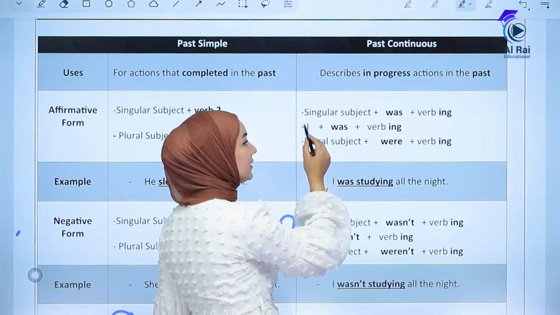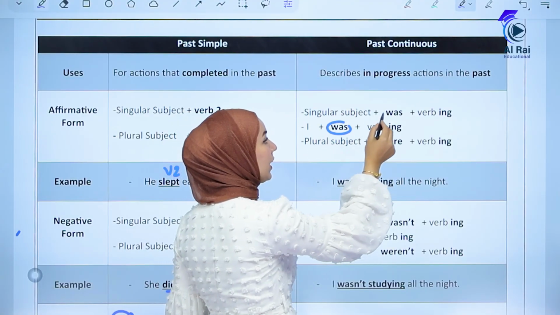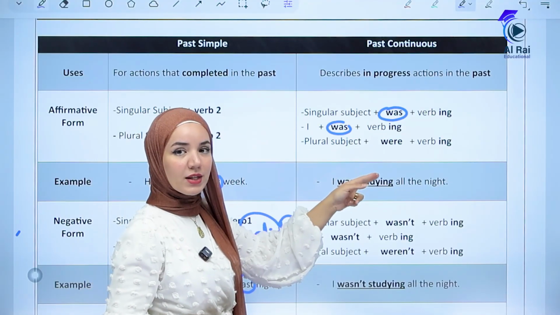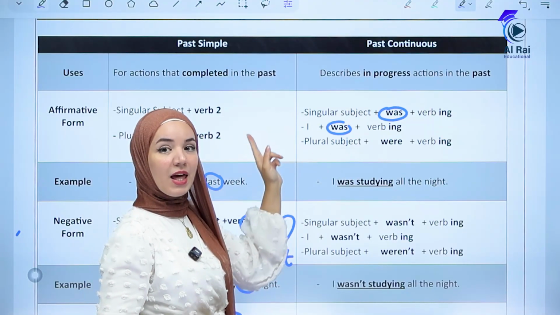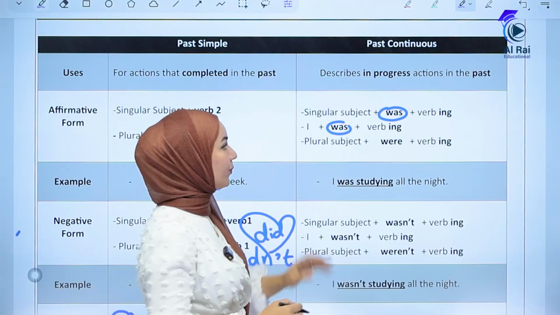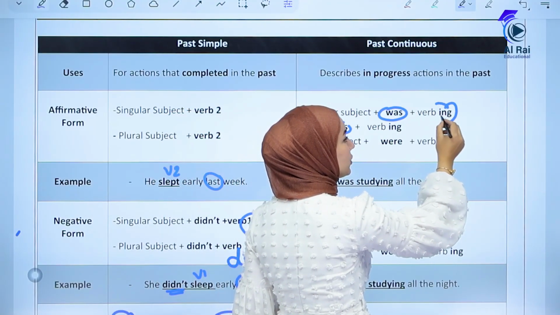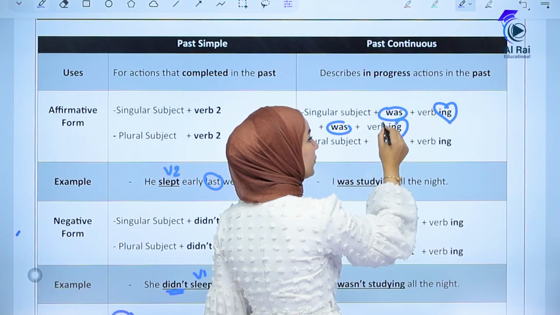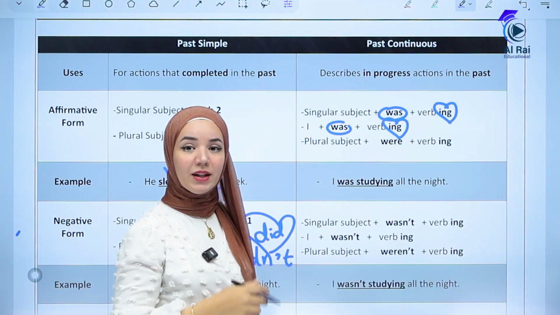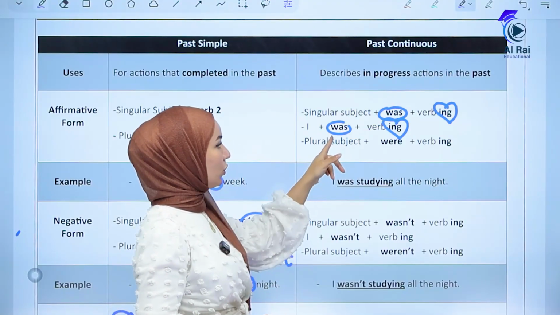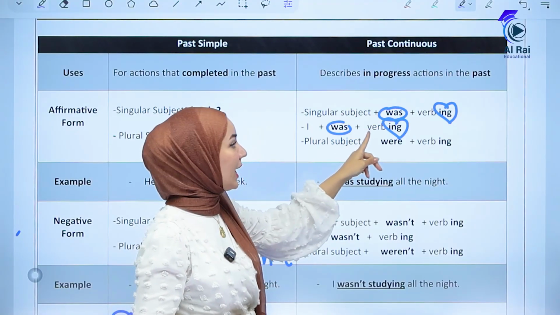With singular and I, we're going to use was as a helping verb. So for example, I was, he was, she was. And after was, I need ing.